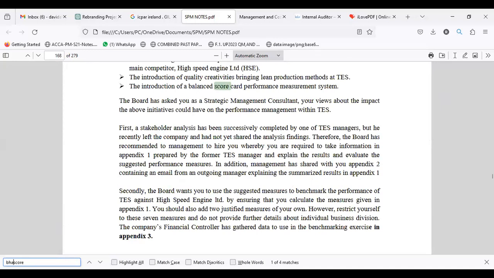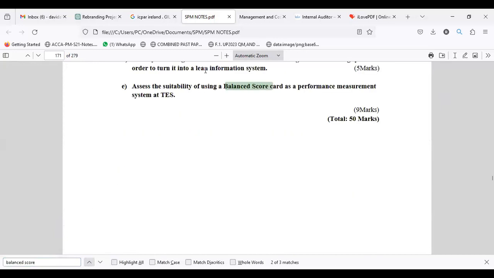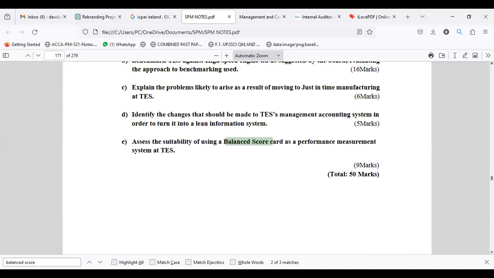Maybe you could check that, because that is what I was actually building to, because I was saying there are questions which have been set. So since you have a question, then there are questions which you may notice. This is one. They ask you, assess the suitability of using balanced scorecard. Of course, you have to talk about the balanced scorecard as the 4 perspectives, which could be measuring financial, as you have seen. They could measure customer perspective.